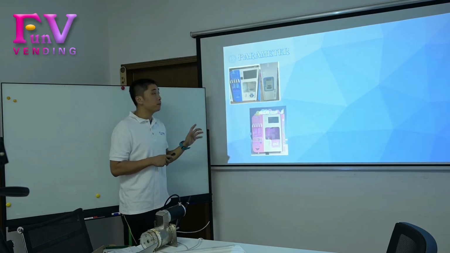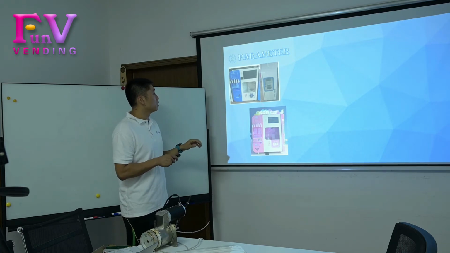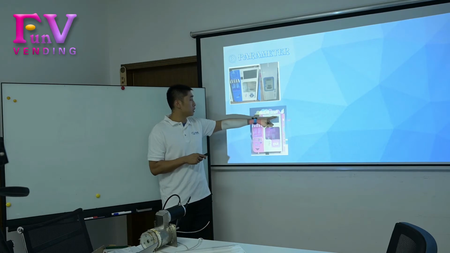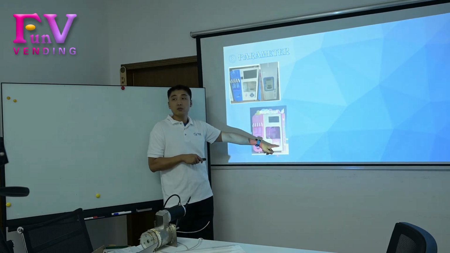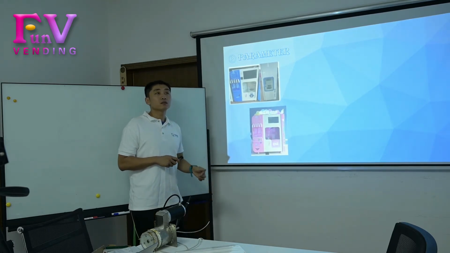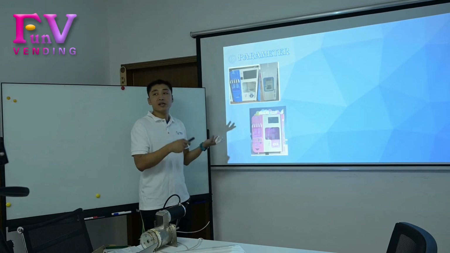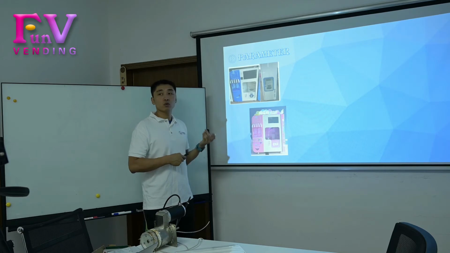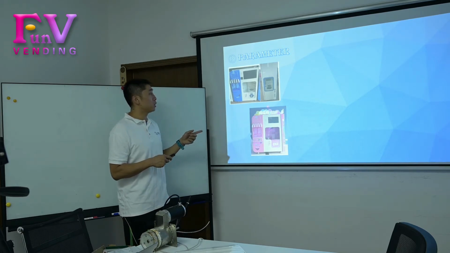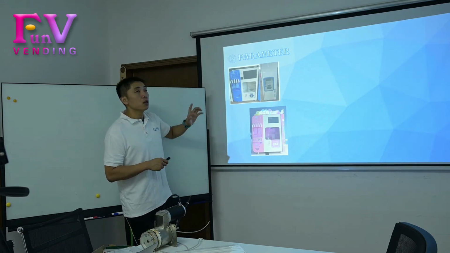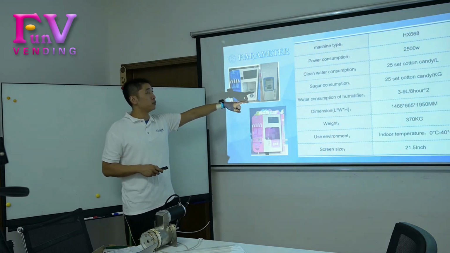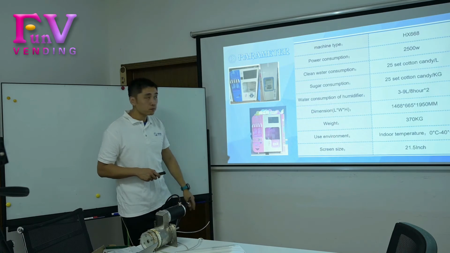The difference between these two is the 3D display. So it depends on how you set your market and where you are going to place it in the shopping mall.